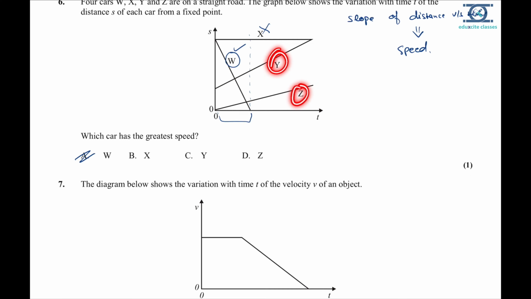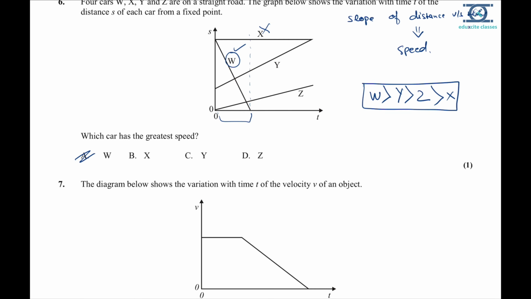If I want to give an order, W has the maximum, then Y is second, then Z, and the minimum is X.